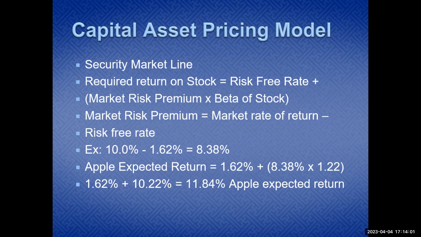That 8.38% is multiplied times the beta of, in this case, Apple Computer. Beta is 1.22. That's the risk in the market, the beta coefficient calculation that's talked about in chapter 6. And many of you probably have run into that already.